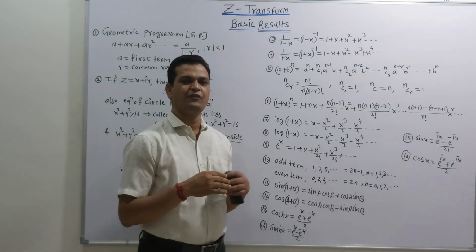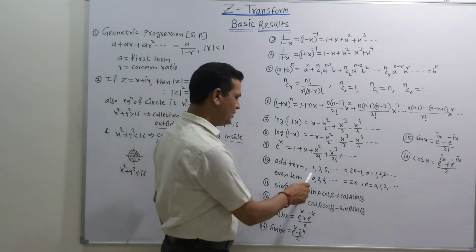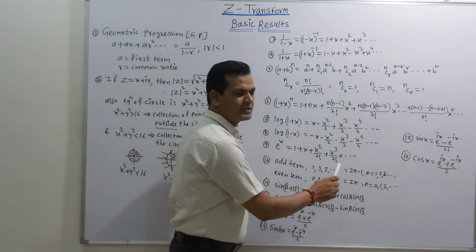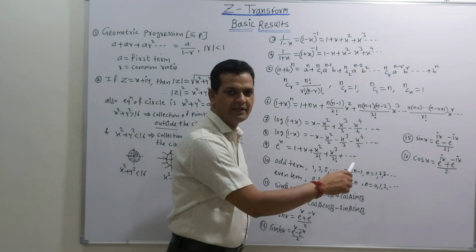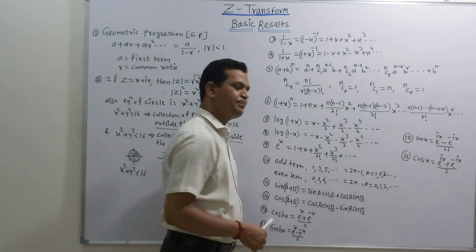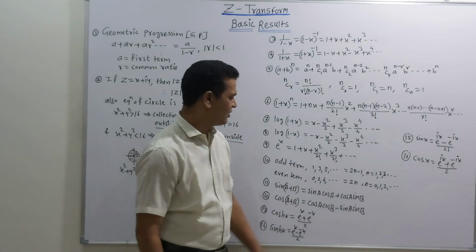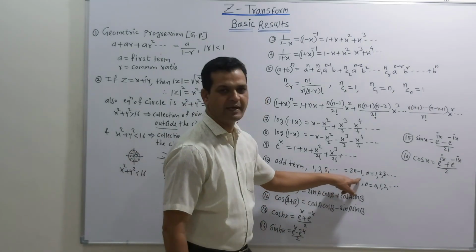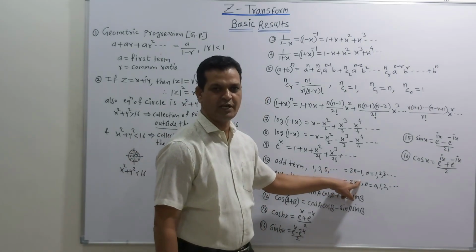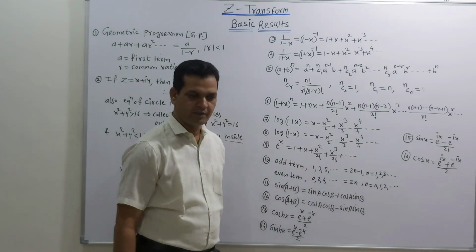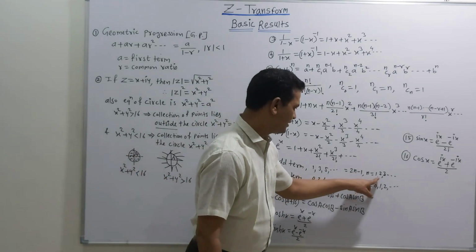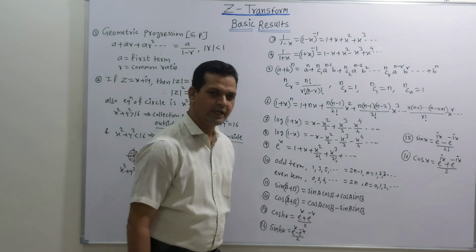Then friends, if we have the odd terms, for example 1, 3, 5, 7, 9, 11, 13 and so on, we can represent the general term for the odd terms as 2n minus 1, where n starts from 1 to infinity.